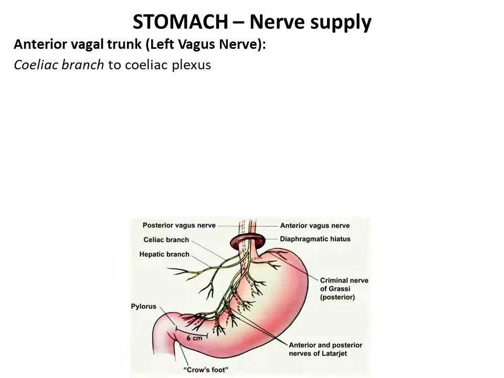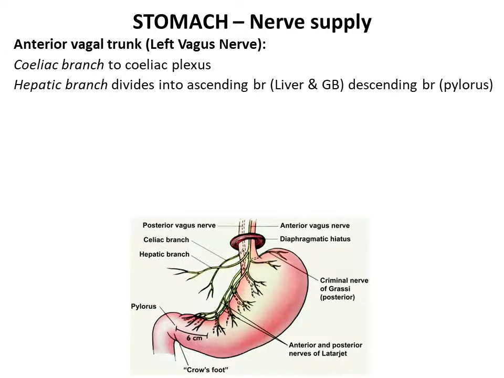The anterior vagal trunk, which is mainly derived from the left vagus, gives a celiac branch to the celiac plexus, and a hepatic branch which runs towards the right towards the liver or the porta hepatis and divides into an ascending branch to supply the liver and gallbladder and a descending branch which supplies the pylorus.